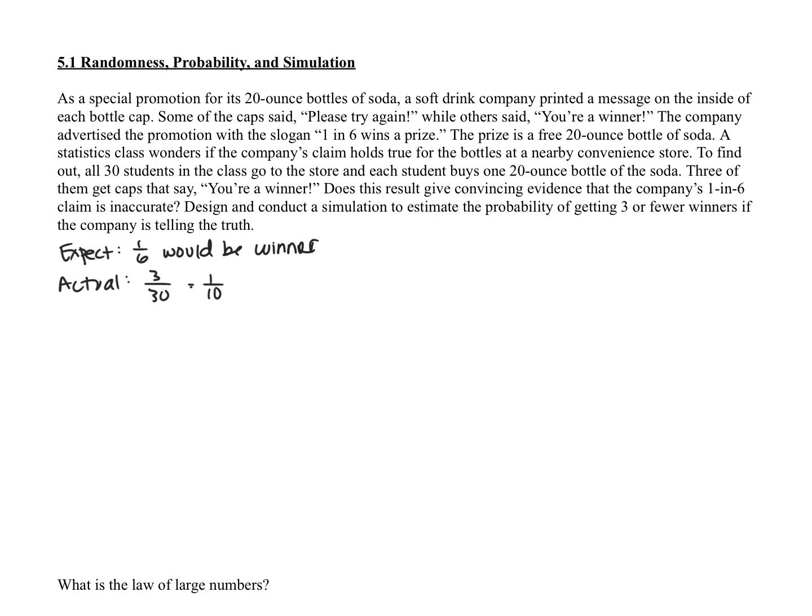Now, based on that, our actual is less than what we expected to happen. Now, why is that? So there's 2 possible reasons, right? We expected 1/6 of our students to be winners, only 1/10 were.